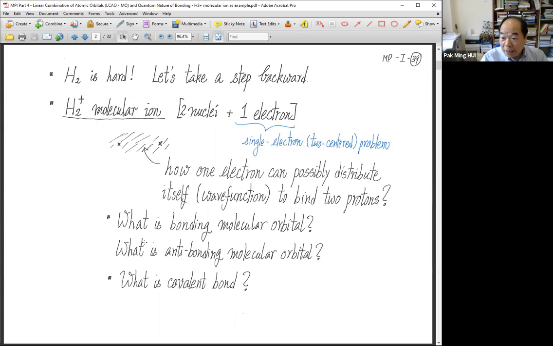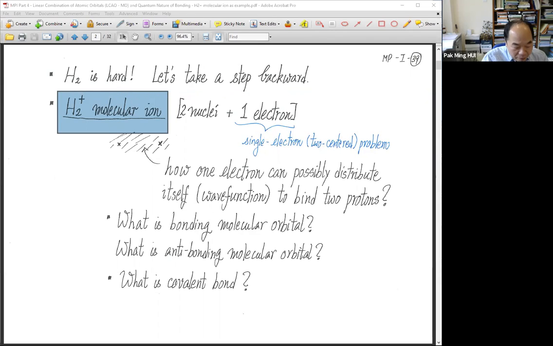To illustrate the idea of how bonding can be achieved, let's look at the simplest of the simplest molecular problems. But it is not neutral. It is the problem of the H2 plus ion. First thing, it exists.